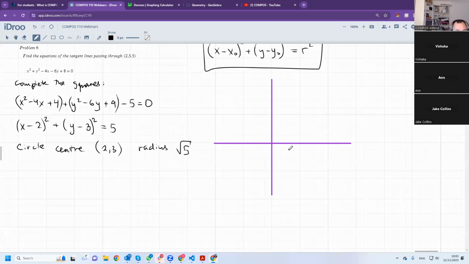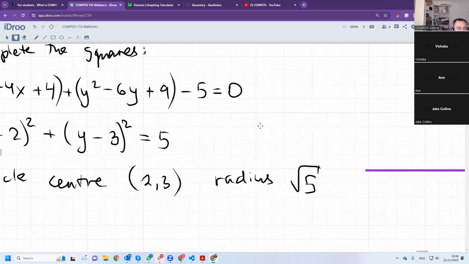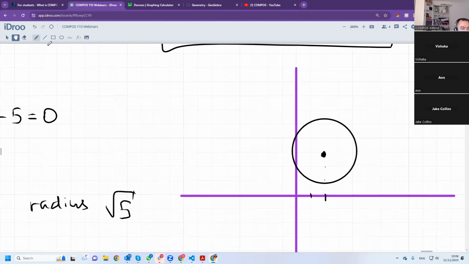And the radius is square root of 5, which is slightly more than 2. It's about 2.3. So it's roughly that. So this is the equation of a circle, center (2, 3), radius square root of 5.